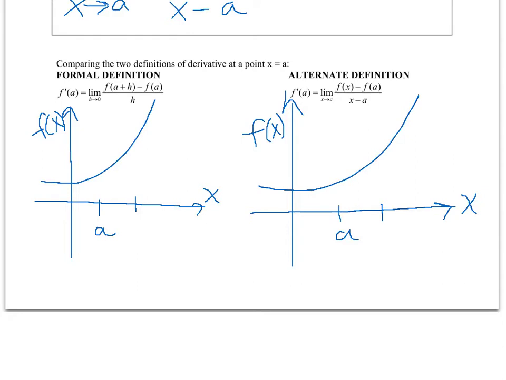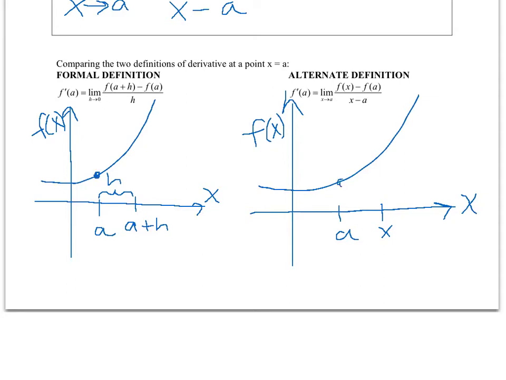For the formal definition, we said we were going to move over an amount, and we were going to call that amount h. So this would be the x value of a plus h. Now on the alternate definition, we're just going to say this is another x location, so we'll call it x.